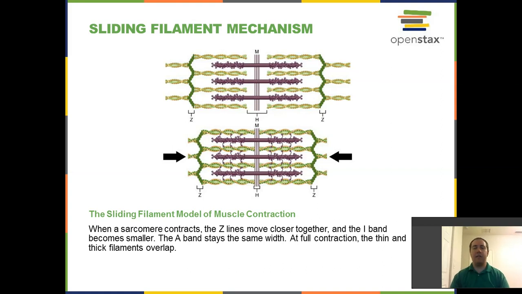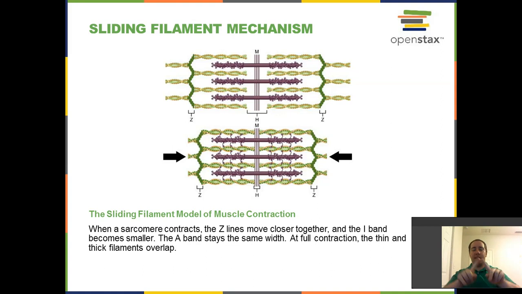If all of the sarcomeres get shorter, the entire myofibril is going to get shorter, and that myofibril is tied to the cell membrane of the cell. So then the cell gets shorter.